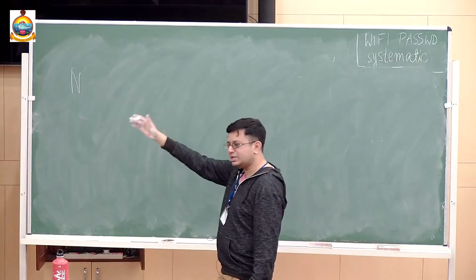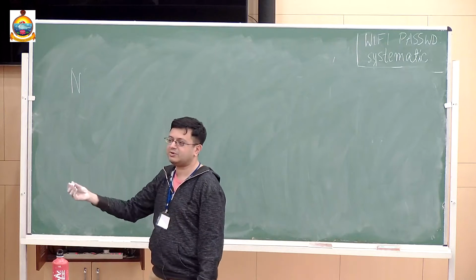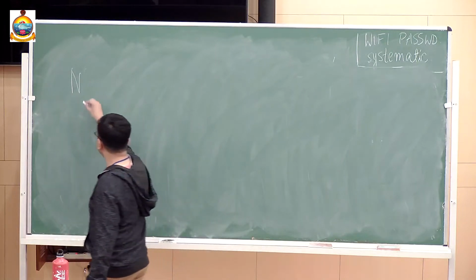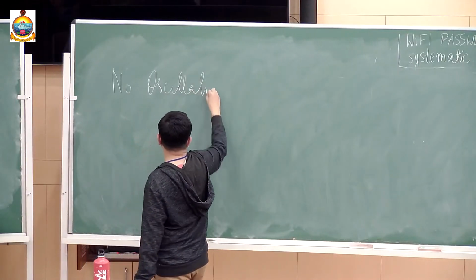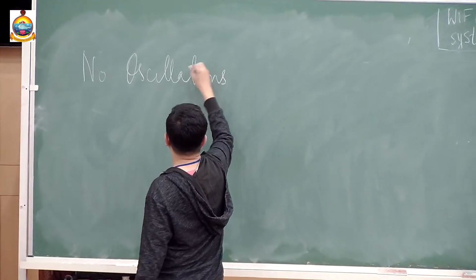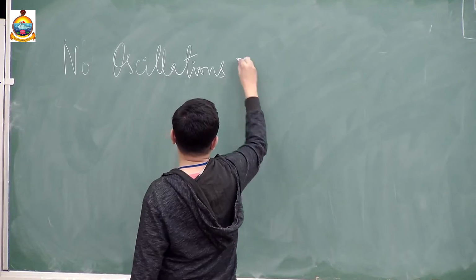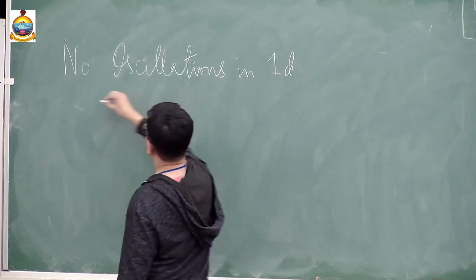Trajectories either grow or decay. You cannot have oscillations in 1D. So let me just explain that. I will explain what I mean by oscillations. Oscillations in 1D, this is an important fact of life.